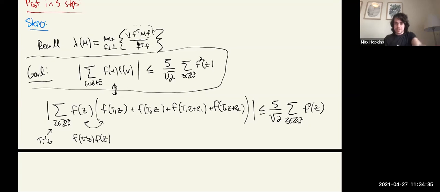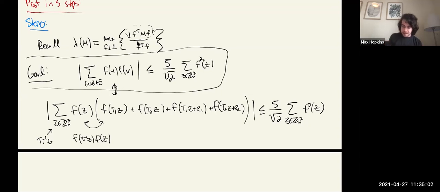Well, the most obvious thing to try would be to use Cauchy-Schwarz, right? This sum on the left-hand side is basically 4 inner products. This is the inner product of f with a linear map shift by T1, by T2, and then affine shifts here. So we could define these as inner products, and we could take Cauchy-Schwarz, and this would indeed get a bound.